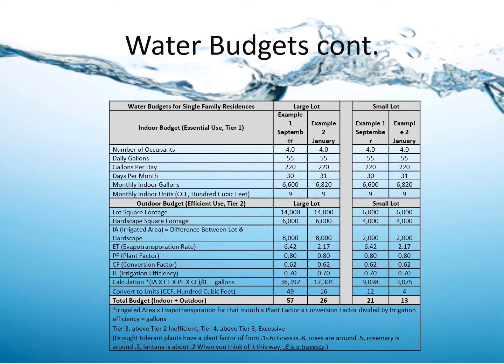So if you take 4 times 55, that means that each household gets 220 gallons per day for indoor use. Now, as the water flows in through your meter, does it know if it's indoor or outdoor use? No, it has no idea, okay? But this is how your budget is calculated for your total water use.